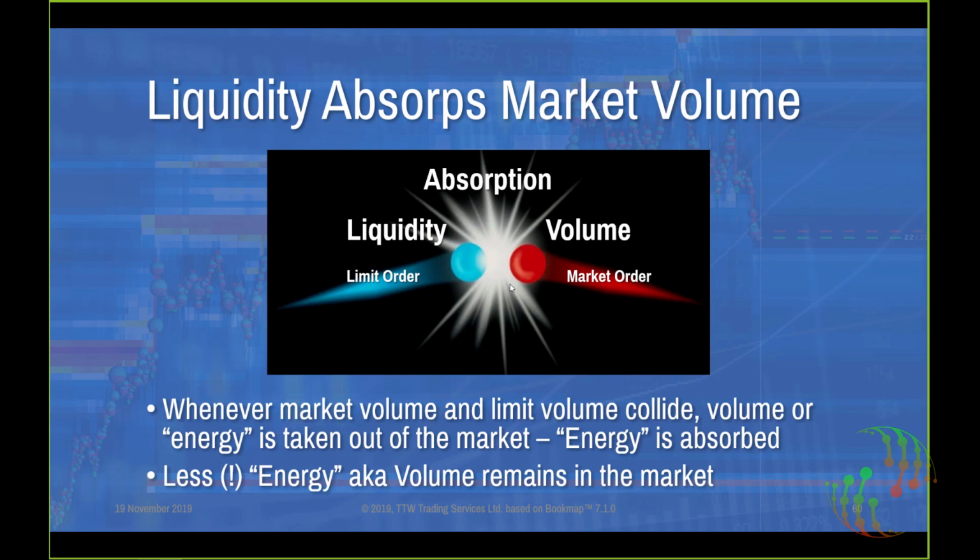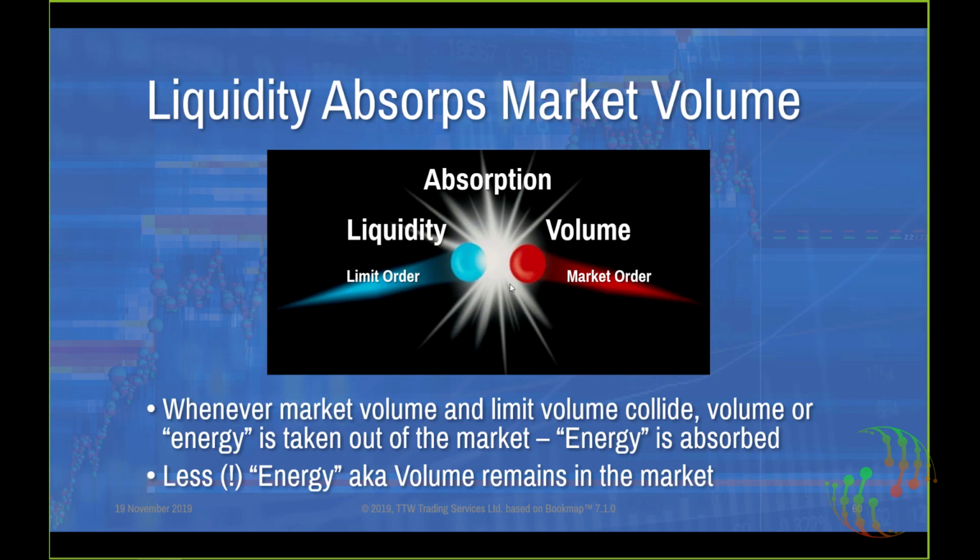So on the other hand, less energy or less volume remains in the market. You can, by the way, use your own expression or your own picture for that. This is only my visualization of the market. This is only my view of the market. But the concept is clear. Call it what you want.